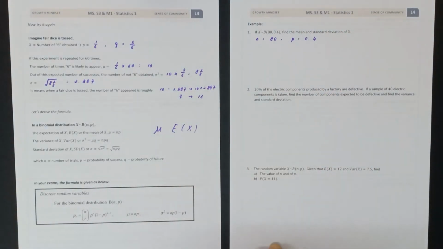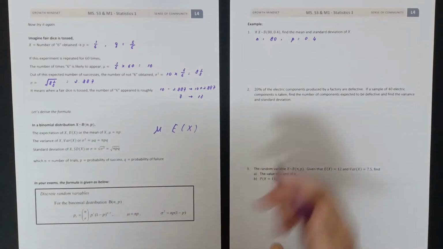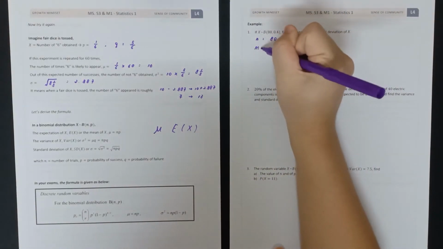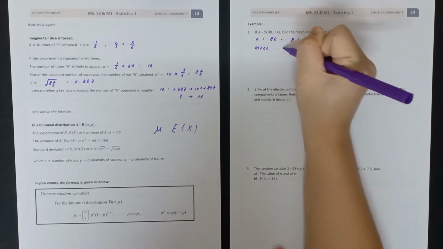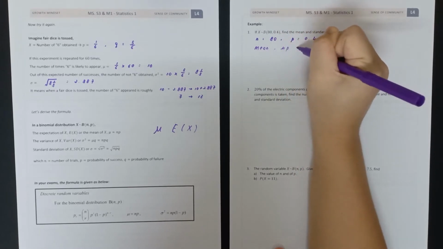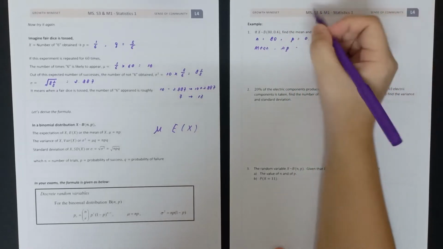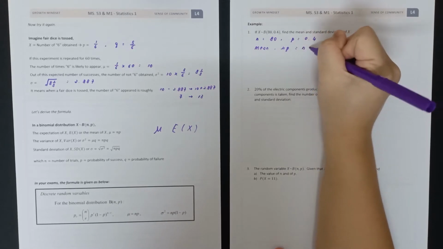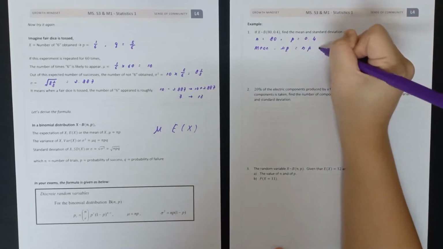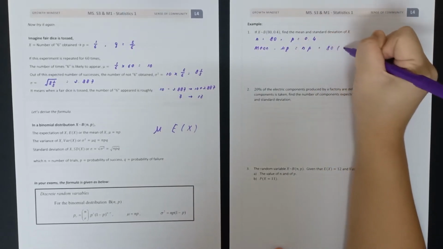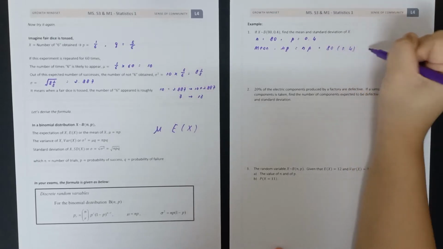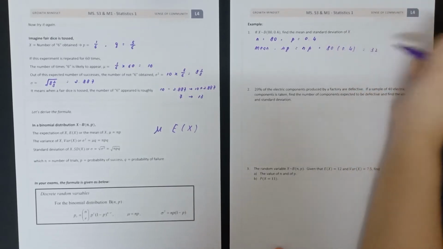So find the mean and the standard deviation for x. Very easy, just follow your formula. For the mean, it will be n times p, so basically 80 times 0.4, and this is how you get 32.